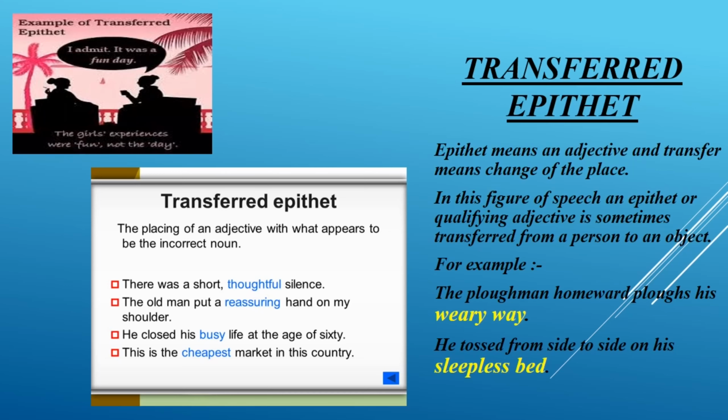He is turning over again and again on the bed. But what has the poet done? What has the writer done? He has transferred the quality or the epithet sleepless from the man to the bed. So again, the epithet or the adjective has been transferred from the person to the object, and so the figure of speech here too is a transferred epithet.